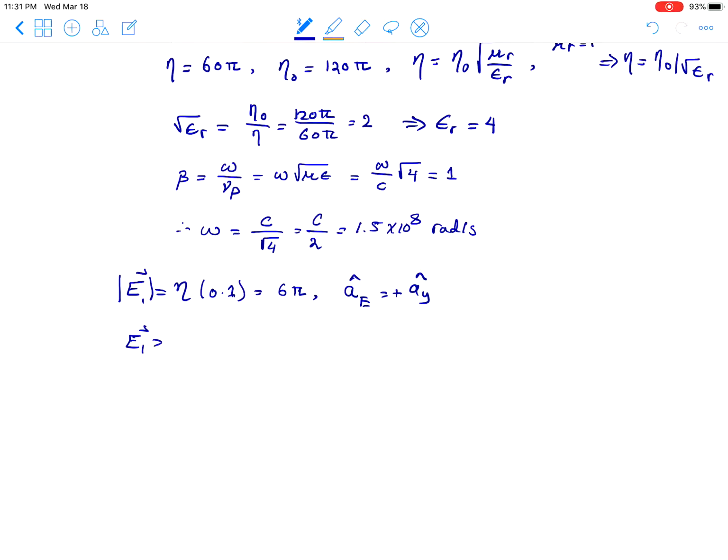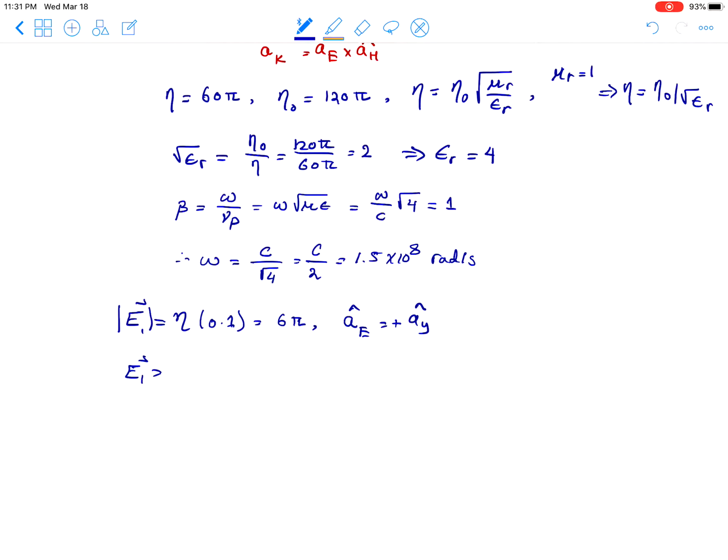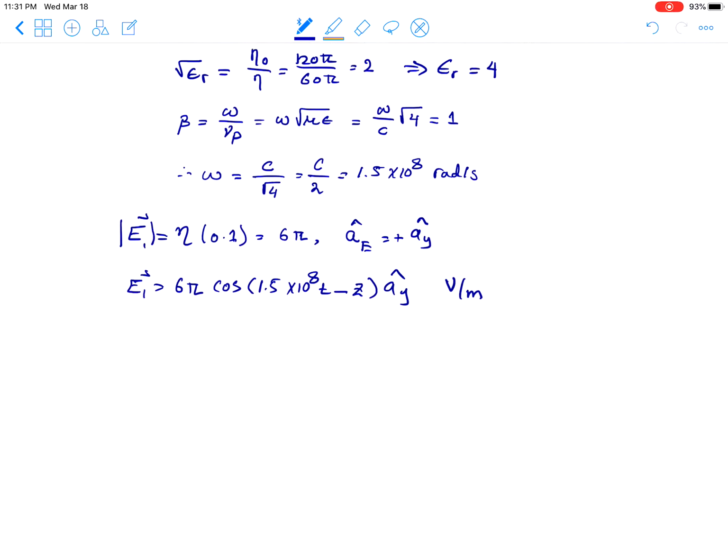Therefore, E1 is 6 pi times cosine of (1.5 times 10 to the power 8 t minus z) a_y.